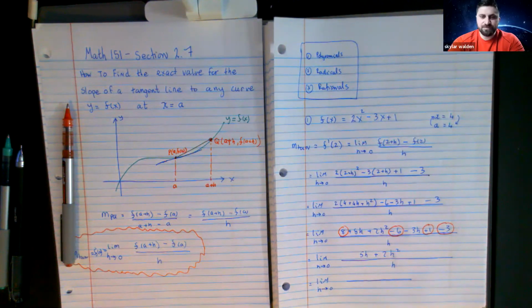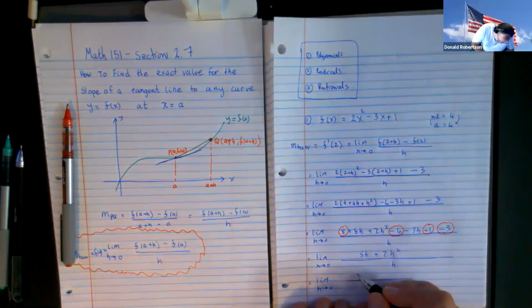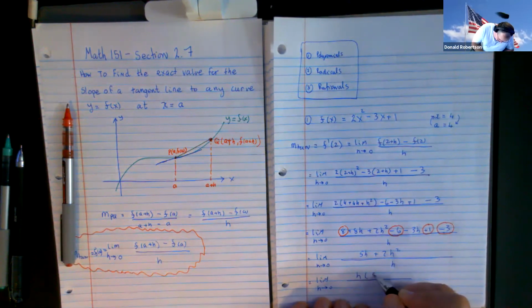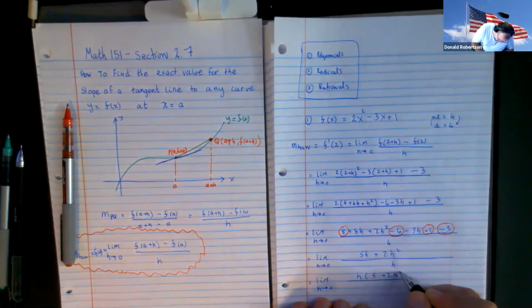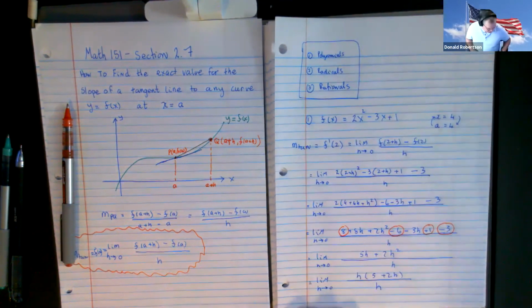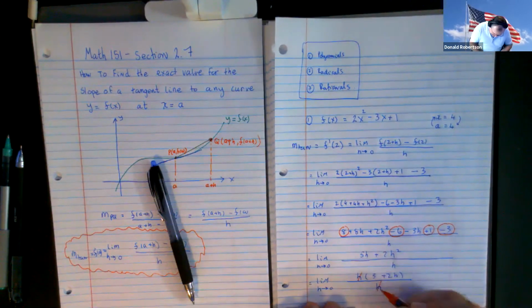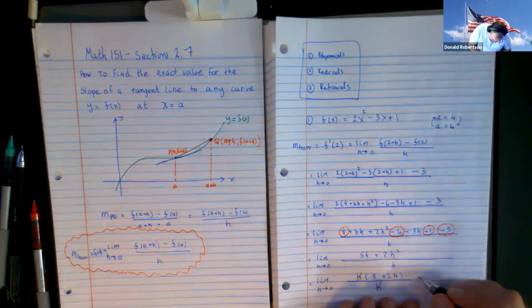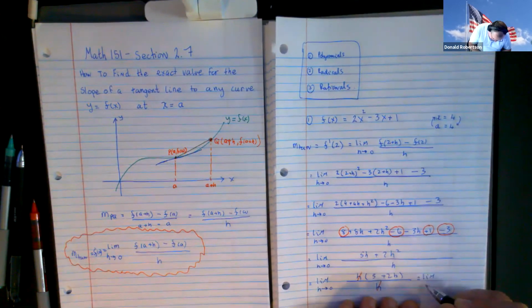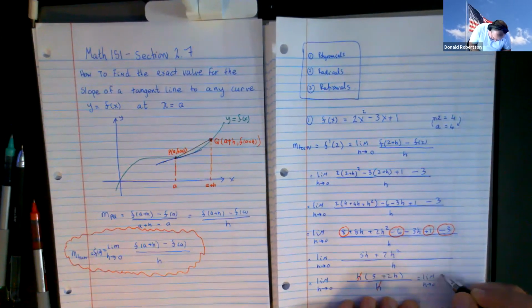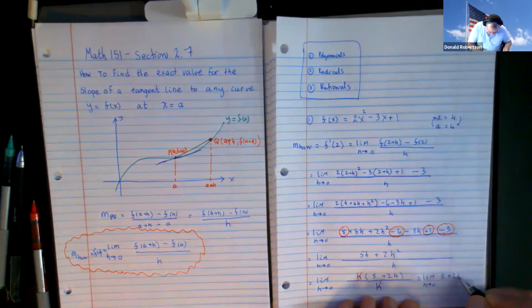Cancel out the h. Yeah, and before we cancel out that h, make sure that you pull it out as a common factor. Then you can cancel it. And that leaves you with the limit as h tends to 0 of 5 plus 2h.